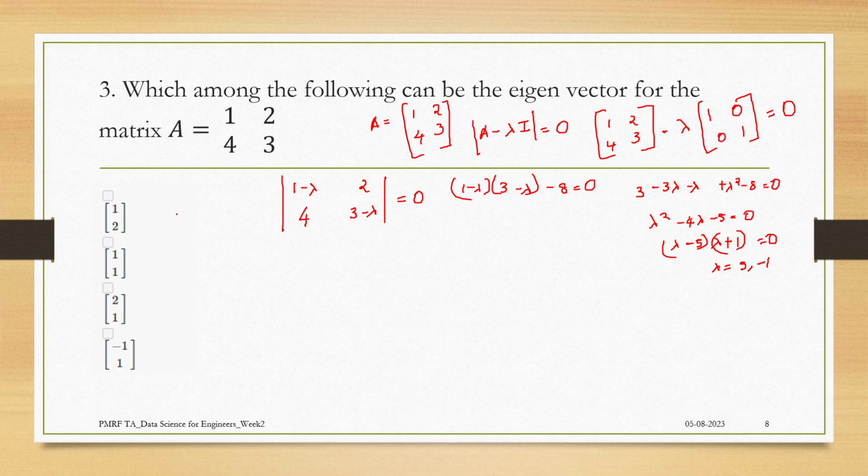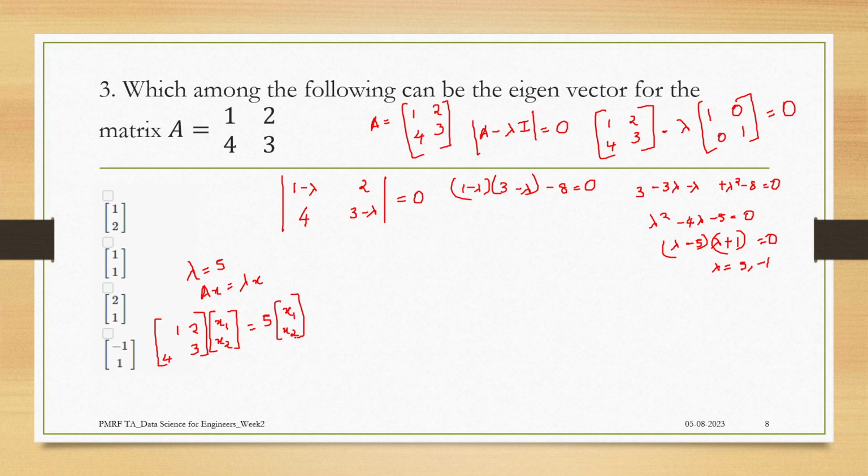The first step is to assume the value of lambda equal to 5 and substitute in the equation Ax equal to lambda x. So A into x, 1, 2, 4, 3 into x, since it is a 2 by 2 matrix, 2 variables x1, x2, equal to 5 into x1, x2.